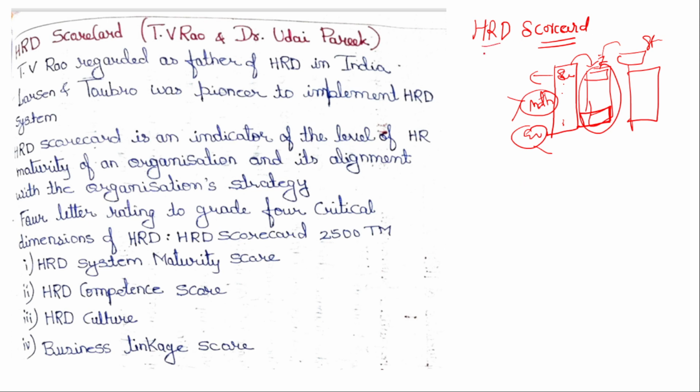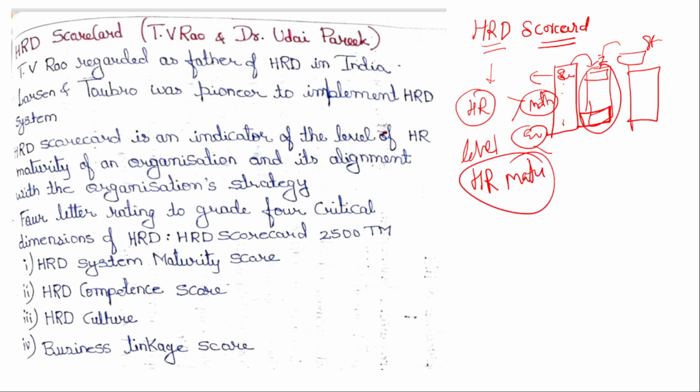Similarly, it is the same for HRD. The HRD scorecard is an indicator of the level of performance of different HR functions. Specifically, you can call it an indicator of the level of HR maturity.